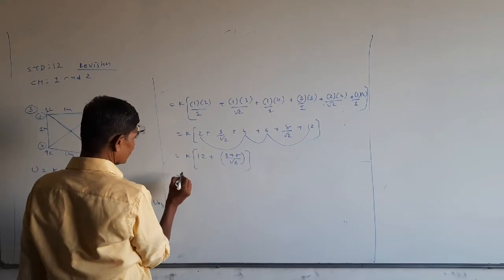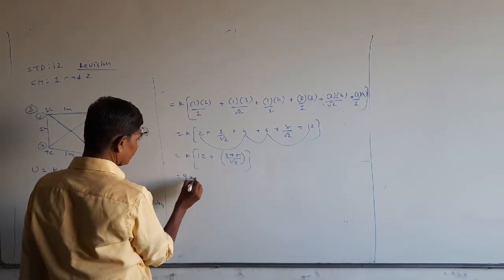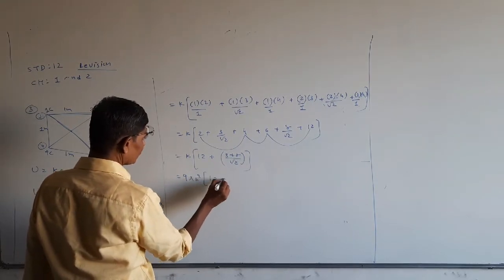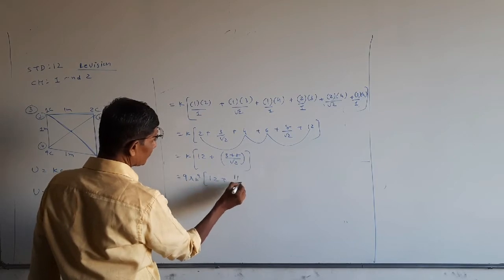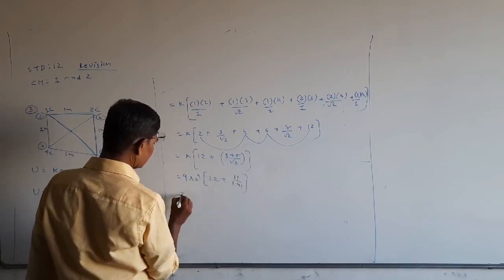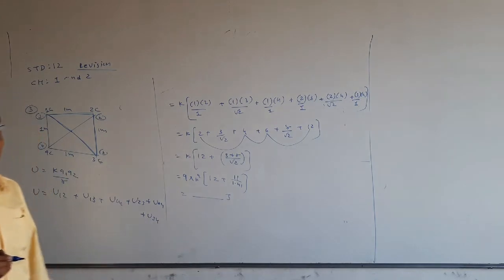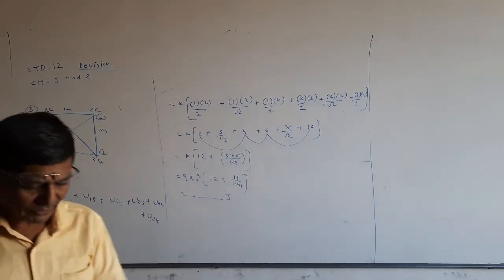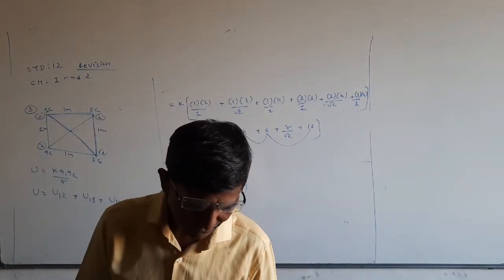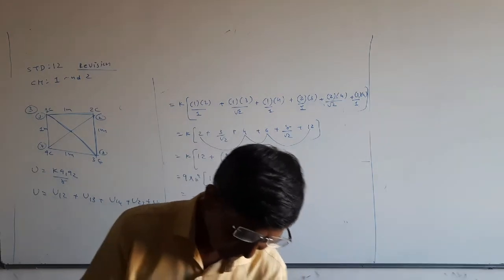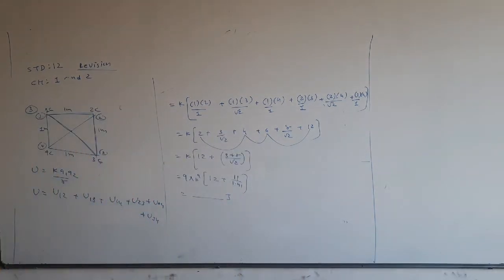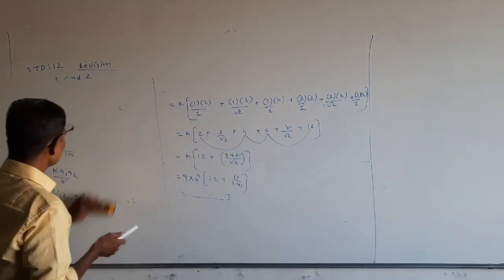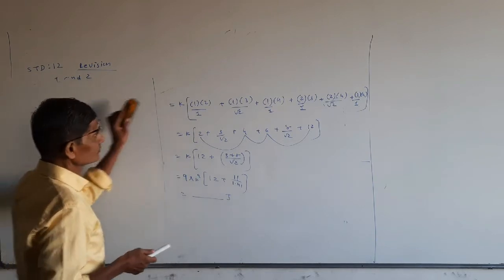K is 9 into 10 to the power 9, and we get 24 plus 11 upon 1.41. We can simplify it. So this is how we can calculate the potential energy of a system of charges. Now we can take another question based on the potential energy.